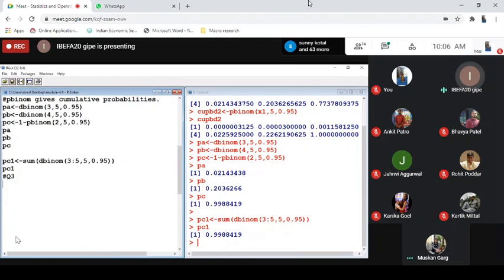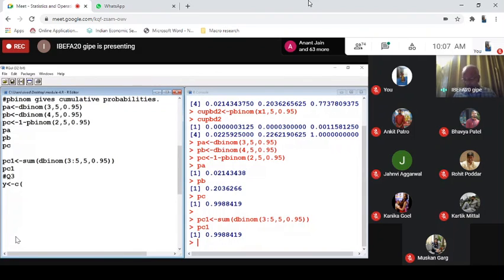It is the sum of the probability, D binom, not P binom, 3:5, meaning 3 to 5, that is 3, 4, and 5. 5 is my sample and 0.95 is the probability of success, and parenthesis closed. Okay, sir, thank you.